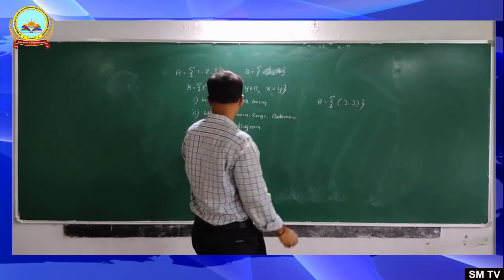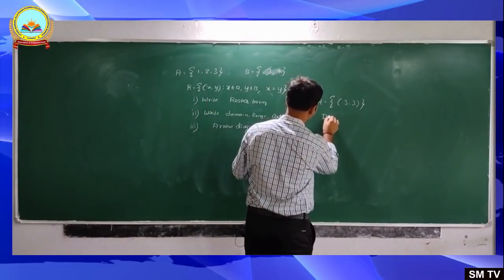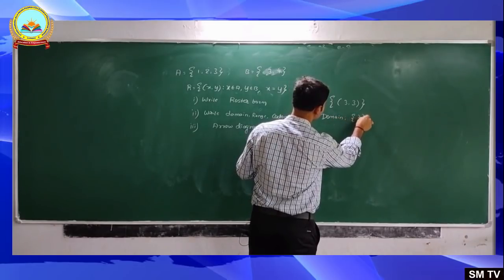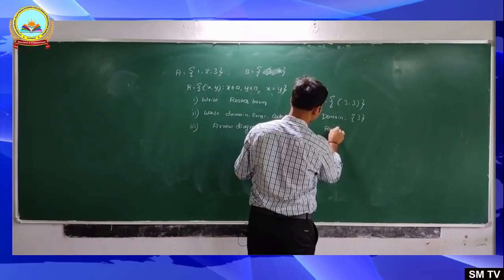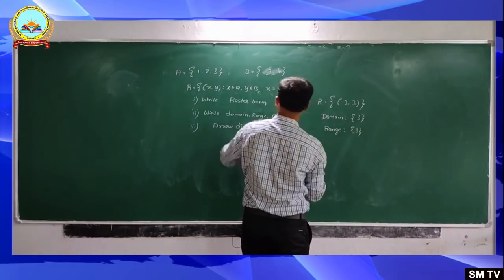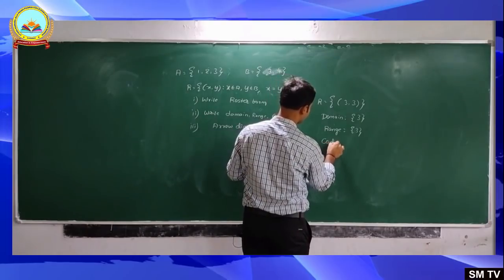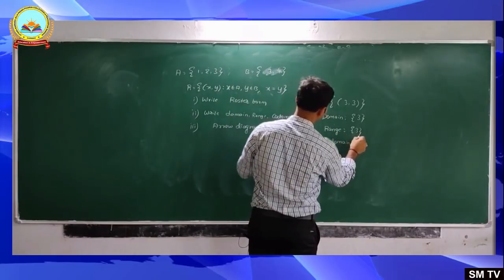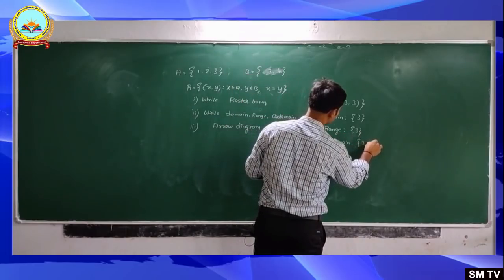Okay. So now, what is the domain? Domain is the singleton {3}. Range is also the singleton {3}. And what will be the codomain? Codomain is this second set B itself. Therefore, it is {3, 4}.